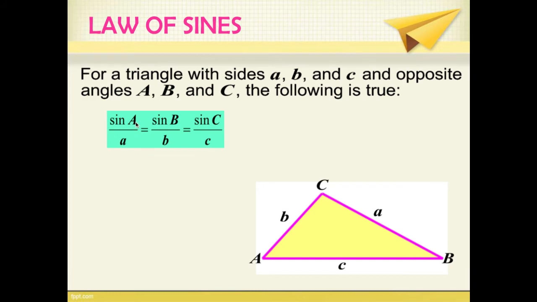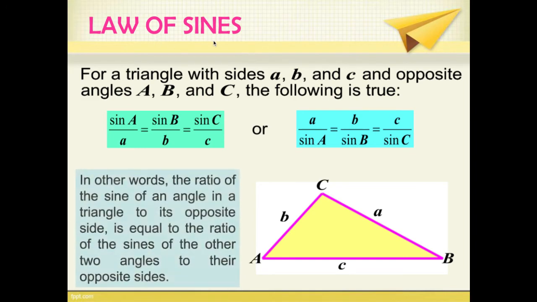Now, sine A over a will be equal to sine B over b, and that is also equal to sine C over c. Or, this is also true, a over sine A is equal to b over sine B, and is also equal to c over sine C. So, these are the proportions that will hold true given this triangle under the law of sines.